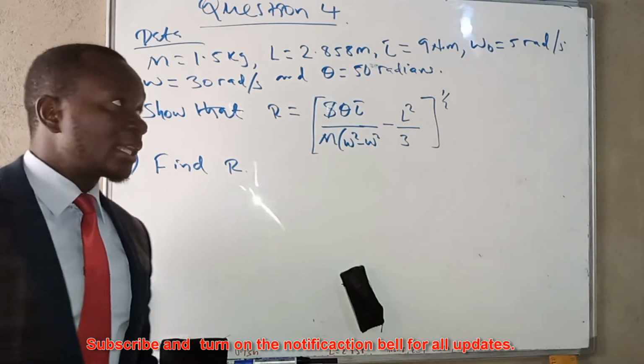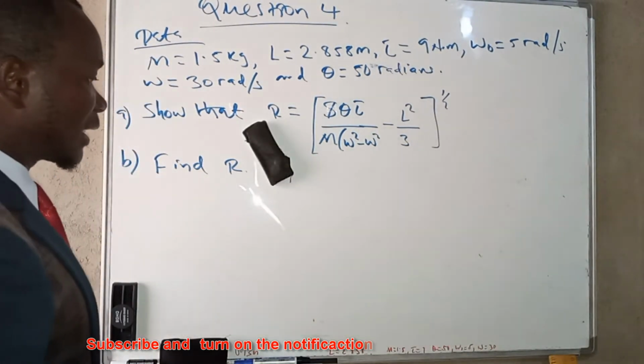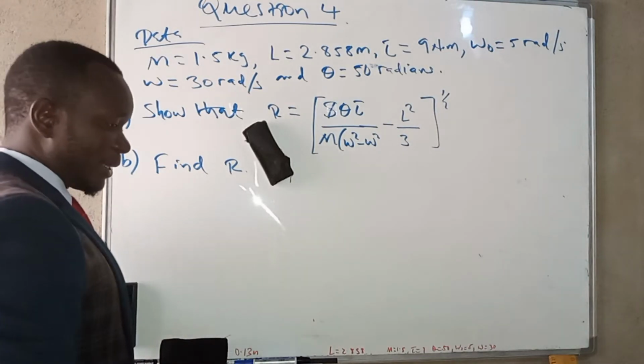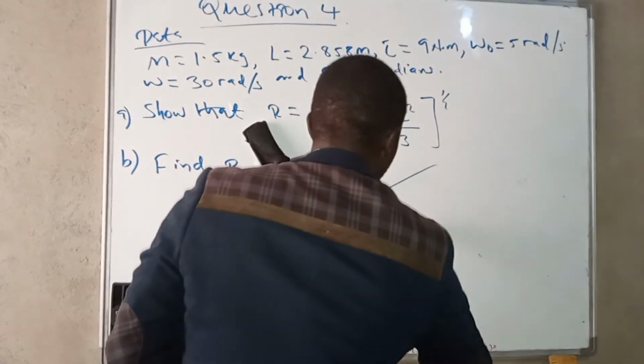So it is very important that we know what we are talking about. In the question, we are told it is a cylindrical drum. So maybe let me just try to illustrate a little bit here.